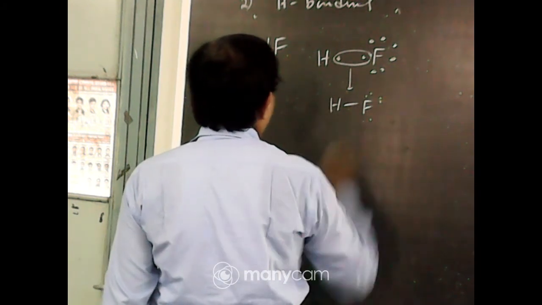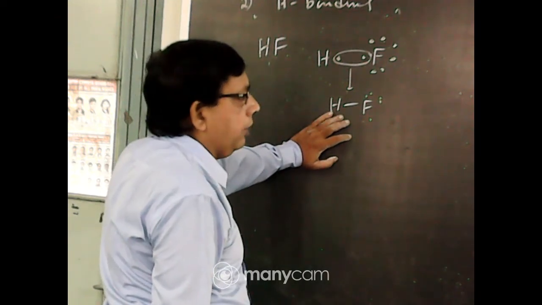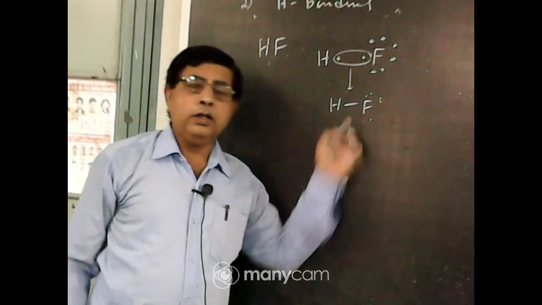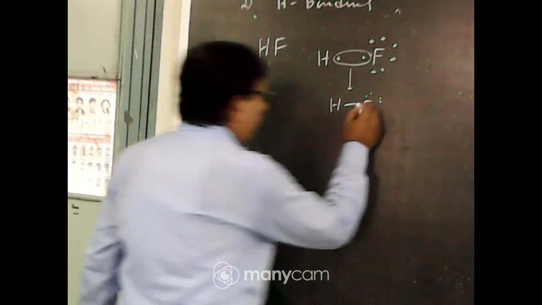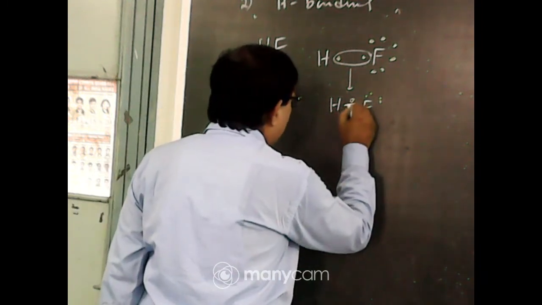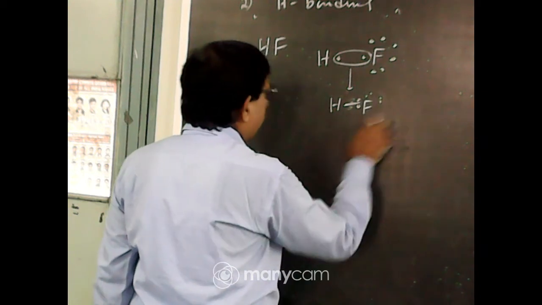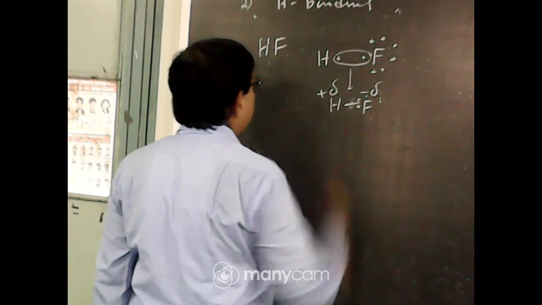This is a lone pair. Now in HF, the covalent bond is a polar covalent bond. Why? Because fluorine is more electronegative than hydrogen. So the shared electron pair is shifted towards the fluorine atom. If the shared electron pair shifts to the fluorine atom, then around the fluorine atom a negative charge develops and around the hydrogen atom a positive charge develops.